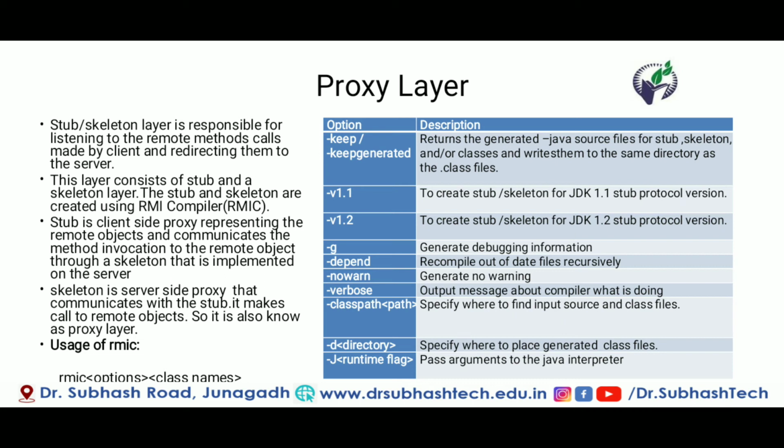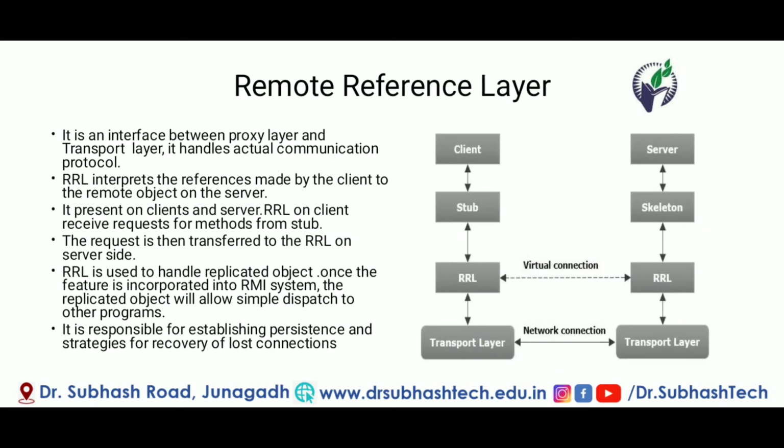Then you can set the class path, and you specify the directory where you want the stub or skeleton files to reside. The last one is the runtime flag, which passes an argument to the Java interpreter. These are all the options when you create a stub and skeleton using RMIC.